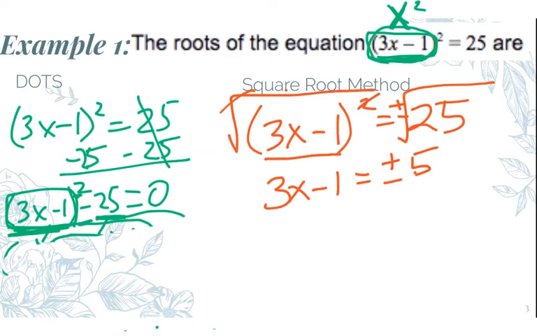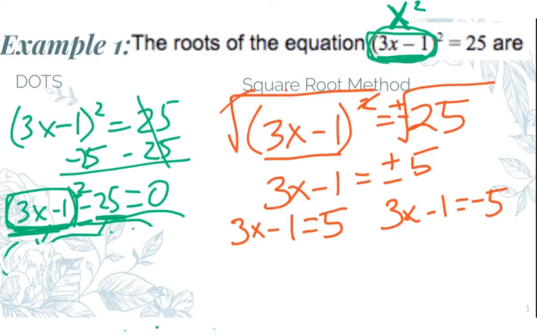So if I want to solve that, I really need to write out two different equations at this point. So I can have 3x minus 1 equals a positive 5, and 3x minus 1 equals a negative 5.